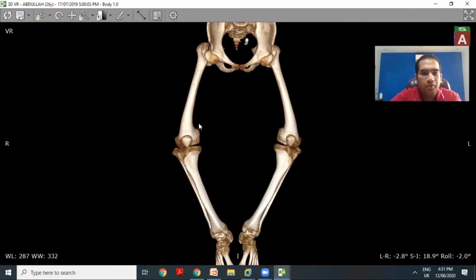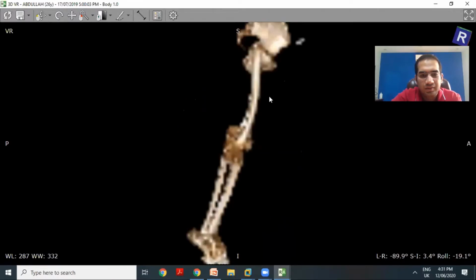Now let me rotate it 90 degrees. Now, what has happened? In this X-ray, you don't see any deformity. Is it so?